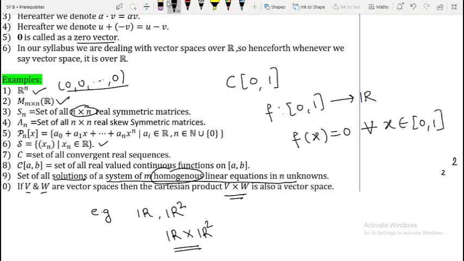And what about the ninth one? Our 0 vector depends on the number of unknowns. Over here also our 0 vector is going to be a tuple only, the same as our first example, and there you are going to have n tuples. And for the 10th example, our 0 vector is going to be 0 of v comma 0 of w.